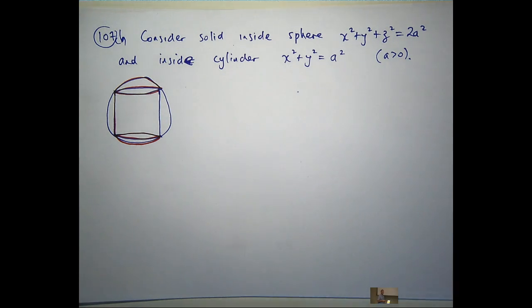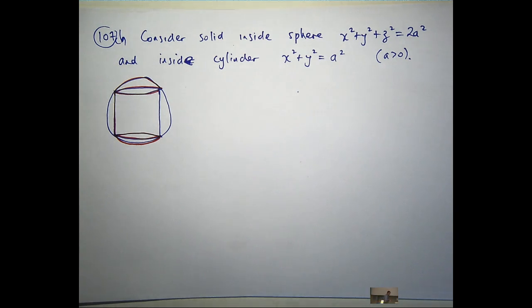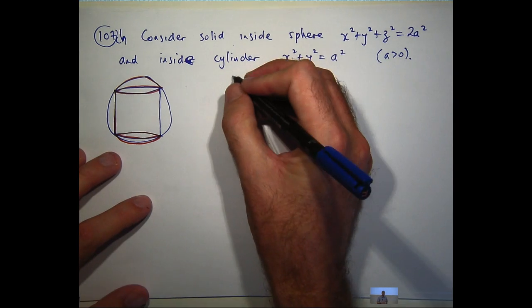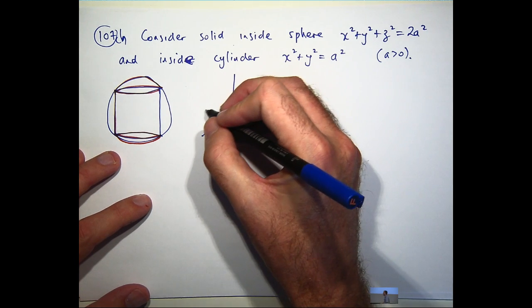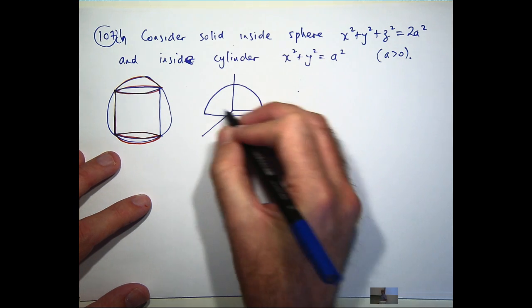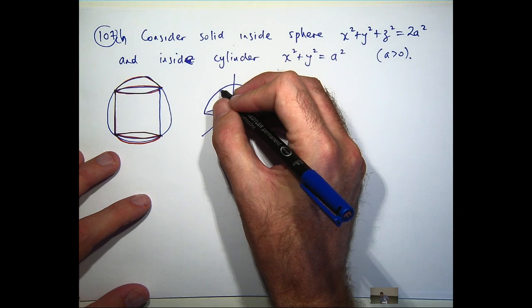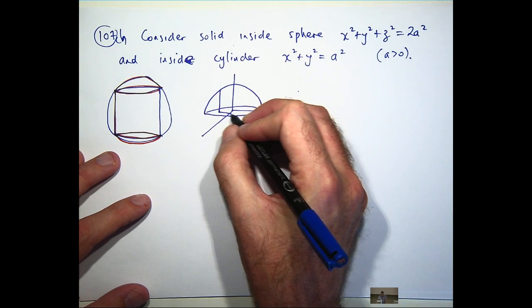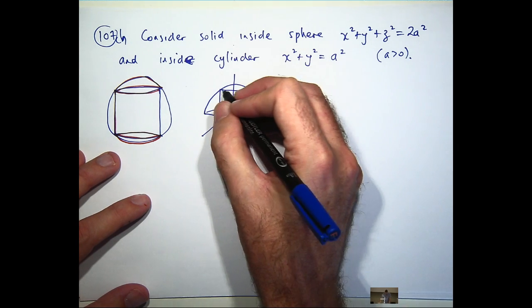So what I'm going to do, I'm actually just going to draw the top half of it because it's symmetrical, right? You've got the following. I'm going to draw in a hemisphere. And then inside, I'm going to draw the top half of the cylinder.